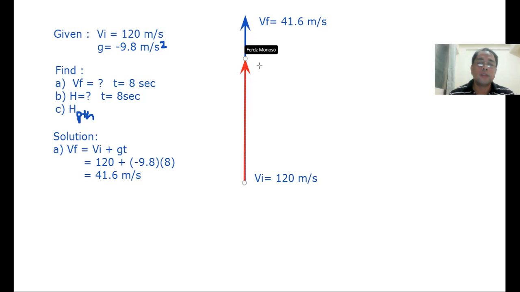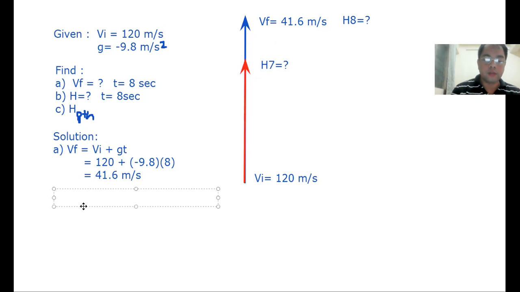But the question is, this height here is known as h8, and we do not know that value. This one is our h7, the height after 7 seconds. So our letter B question is asking for h8. Letter B: how far will the object travel after 8 seconds?